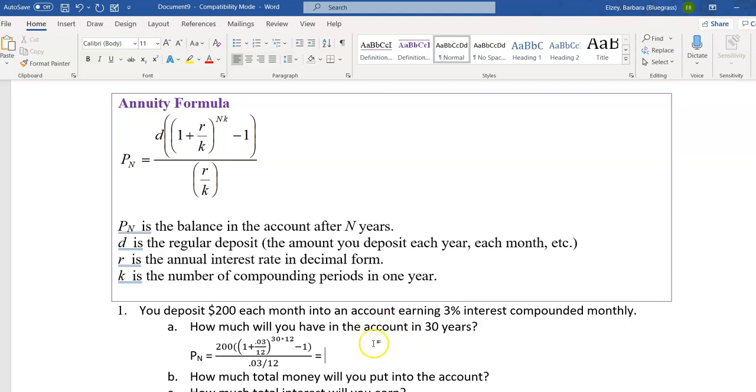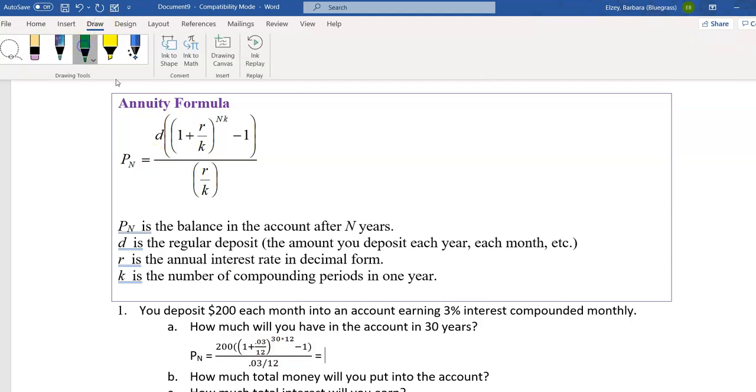Let's notice, first of all, on that huge top, we have a little set of parentheses within the bigger set of parentheses. So we need to do that first. So I'm going to have 200 times the first set of parentheses. Let's, in our calculator, put 1 plus 0.03 divided by 12.